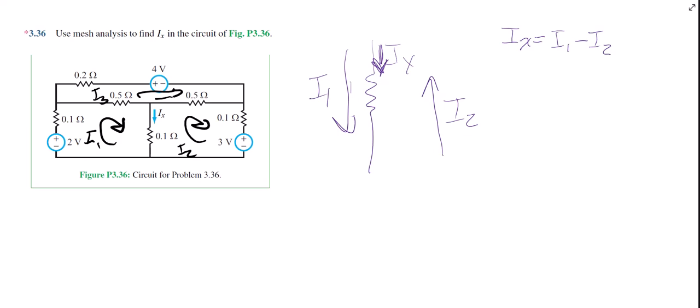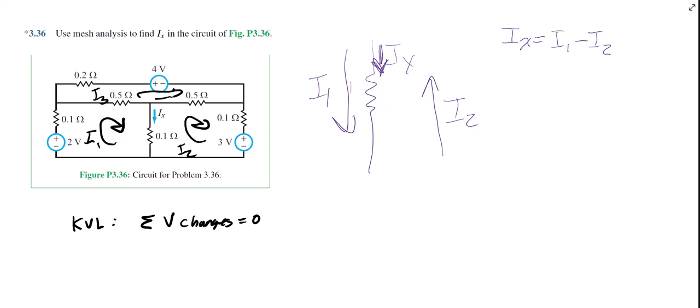So what I do in mesh analysis is I go around each mesh and I am summing up the voltage drops. So this is what I'm doing, KVL. I'm adding up all the voltage changes and saying it's equal to 0. And here's how I identify the voltage changes.